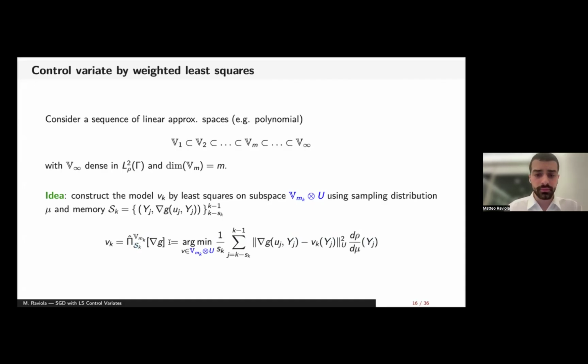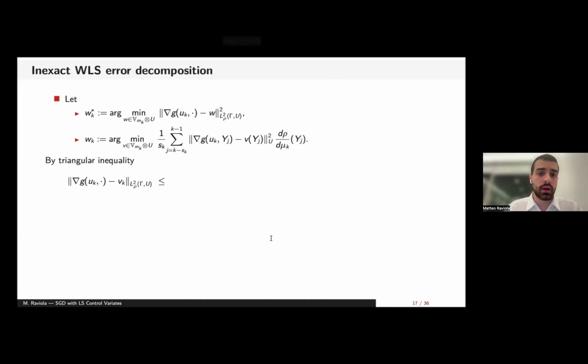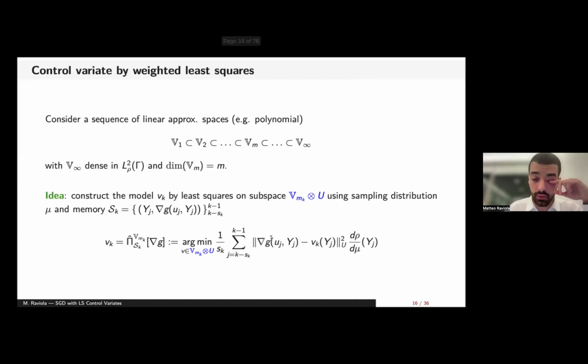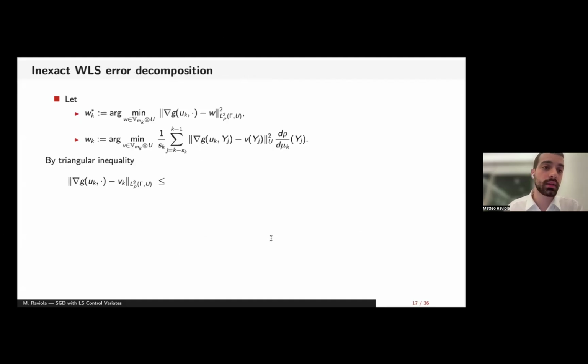Note that the idea is that v k should approximate the gradient of G at u k, but this is inexact data that we're using here. So I would like to first draw your attention to the error decomposition that we get.